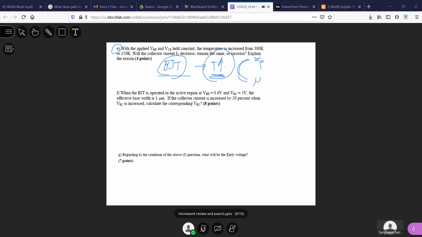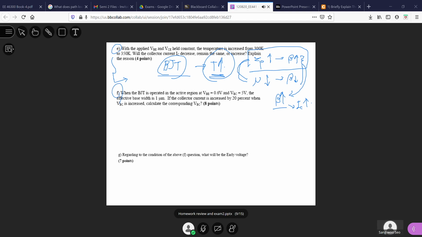When the temperature increases, the carrier lifetime increases, and eventually this increases the gain beta. The mobility decreases, and this decreases the beta. But as we discussed, the overall dominant factor is the top portion. So eventually, when the temperature increases, we see the beta increases, so IC is going to increase. That's the answer for this question, and I'm looking for those discussions.